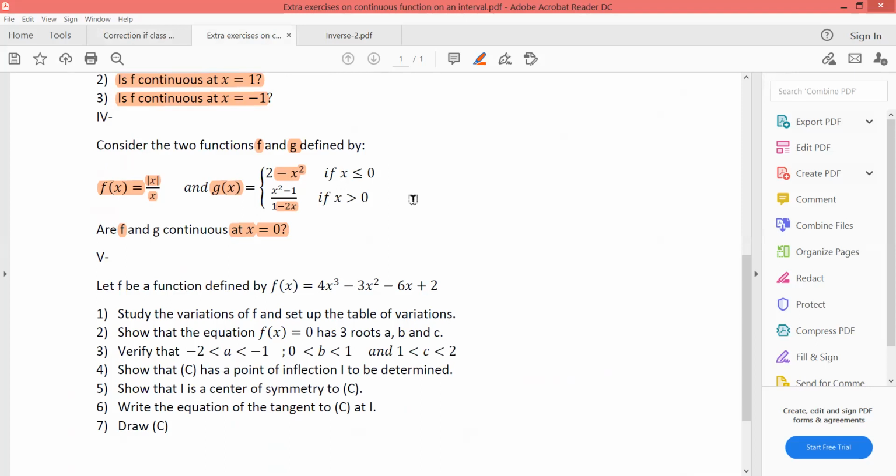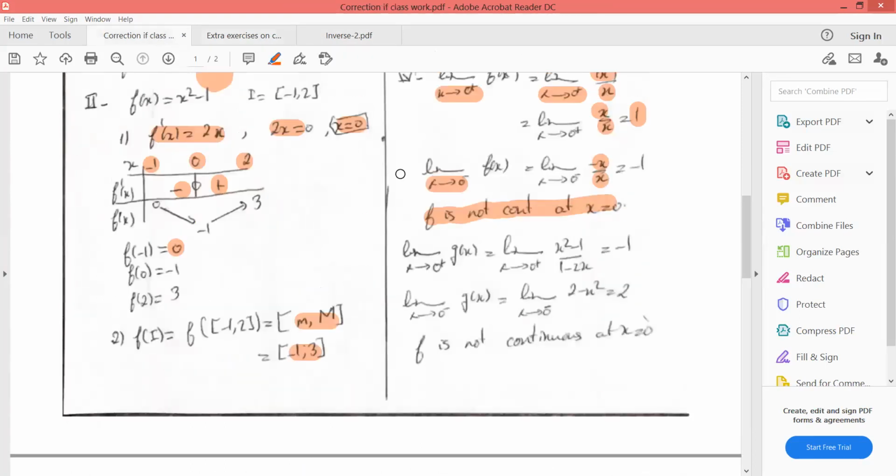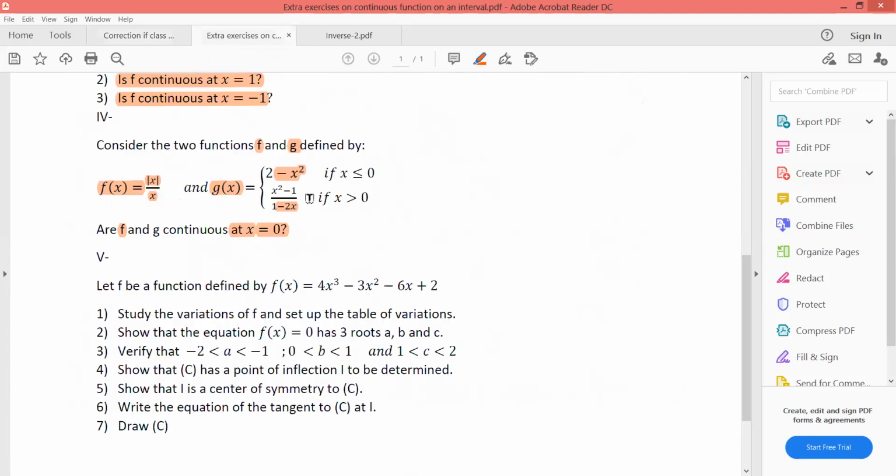Is the function continuous at x equal to 0? No. So the limit of g(x) as x tends to 0 plus: which one do we take for 0 plus, the upper or the lower? The positive is the lower.